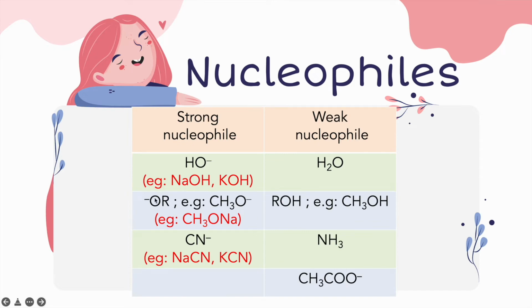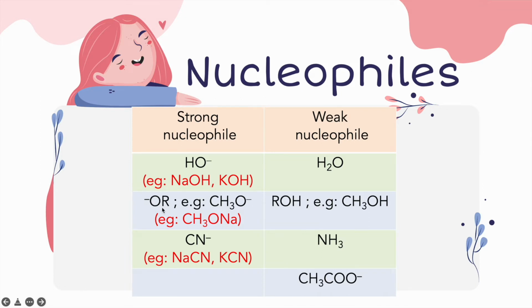So strong: OR, O negative. Weak: R bonded to OH. These two are different. In ROH, the R is the alkyl group and it is with OH. This R here is with O negative only.